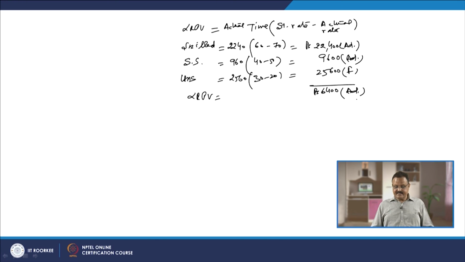So the net result is adverse. One reason we have found here why the labor cost variance is negative is that we have paid a higher rate for skilled and semi-skilled labor, and the net variance for this labor rate is 6,400 adverse or negative.